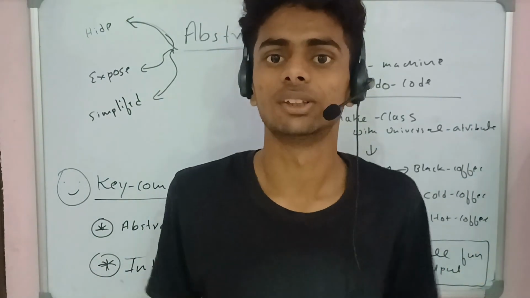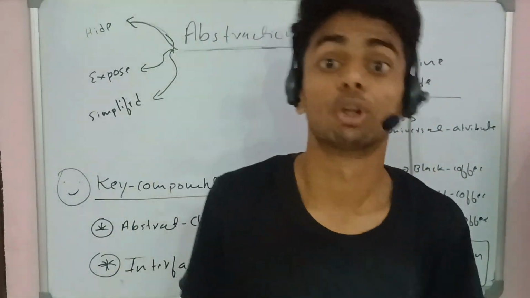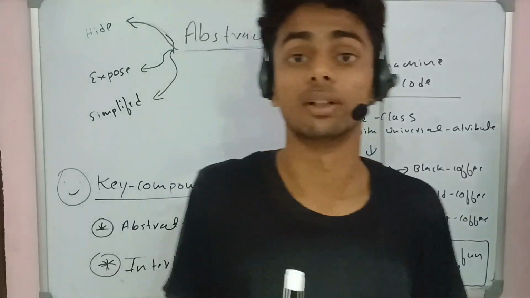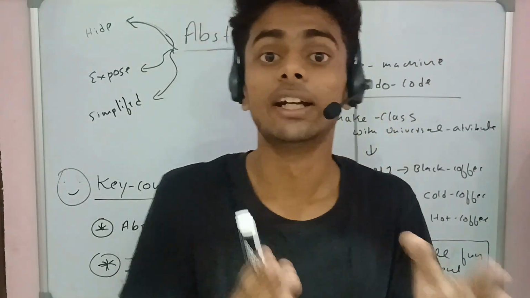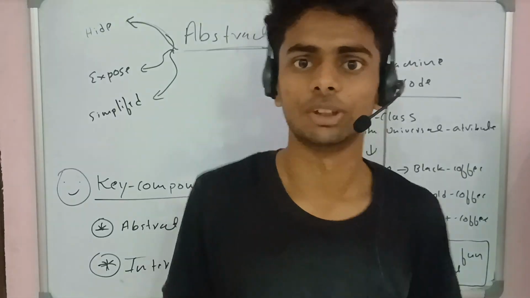For making a user friendly system, we can use the abstraction OOPS principle, because it reduces the difficulty for the user to interact with the system.